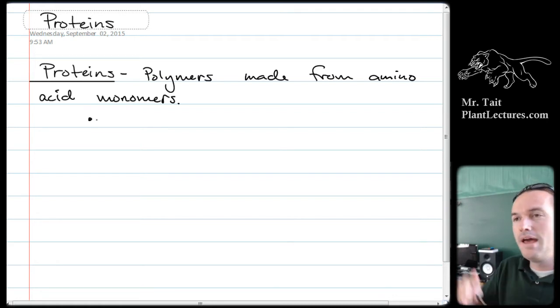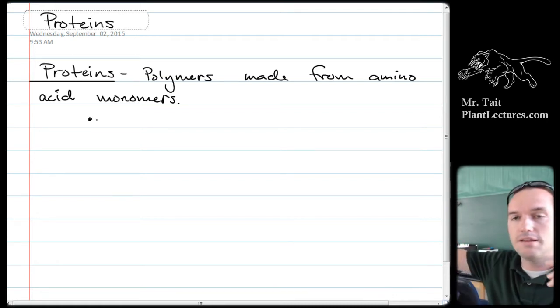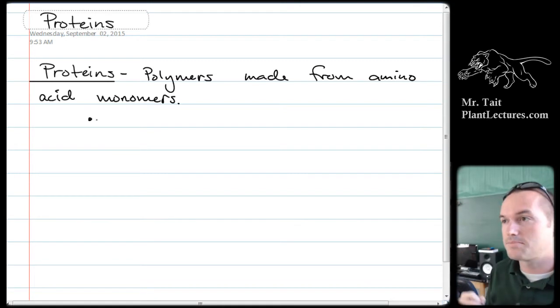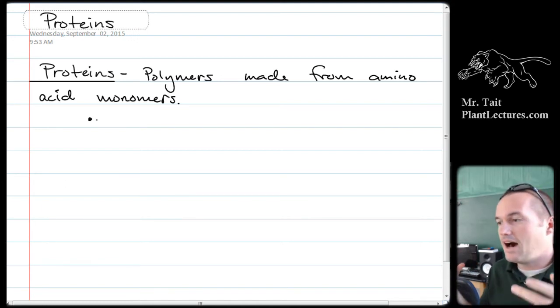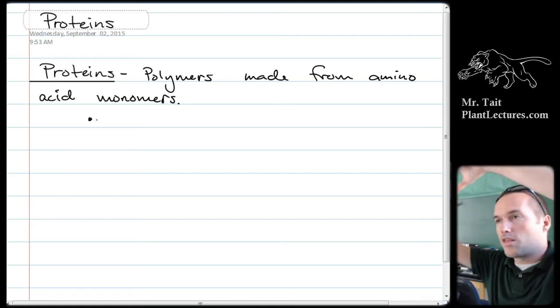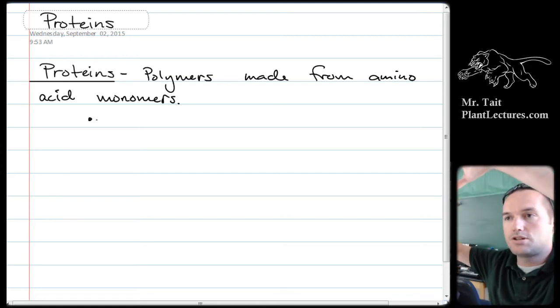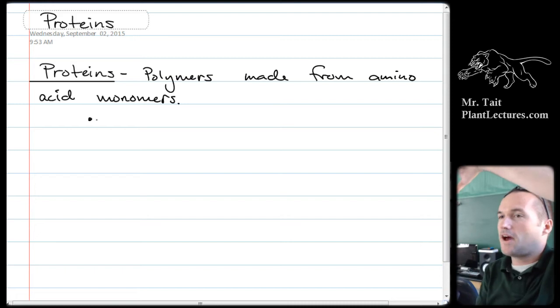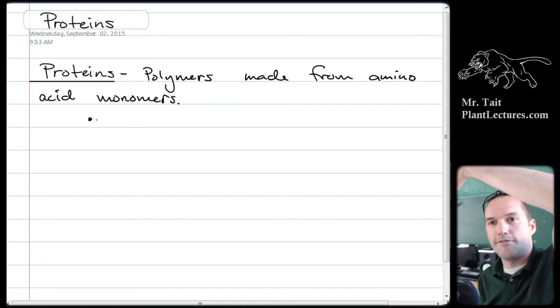Sometimes it's as simple as having a little pocket in the protein that fits a certain molecule. Sometimes it's very complex. So one of the most important proteins, one of the ones that we're going to talk about the most in this class, is ATP synthase. ATP synthase has multiple different parts to it. One of the parts is a channel protein that allows hydrogen ions to pass through. But then the other part is like a turbine that physically spins and aids in the process of ATP synthesis, or making ATP.